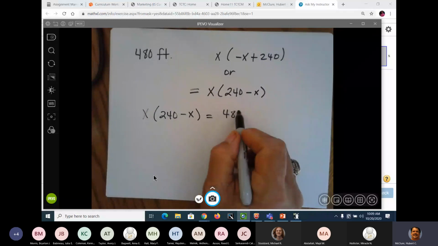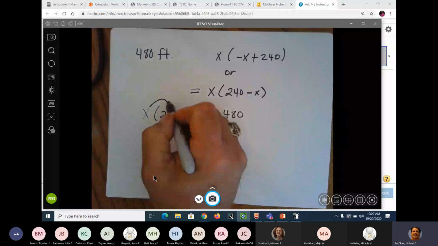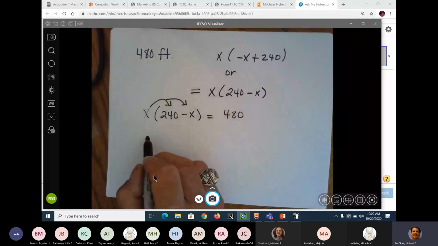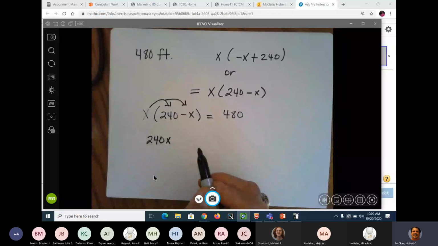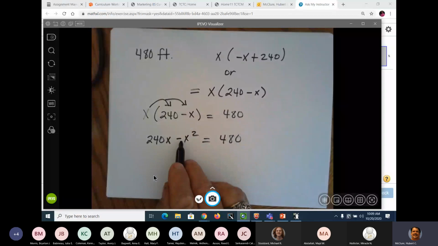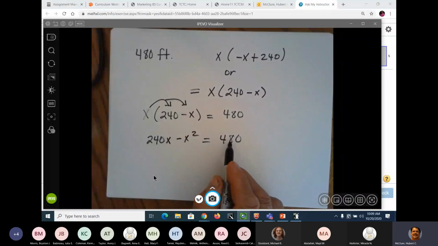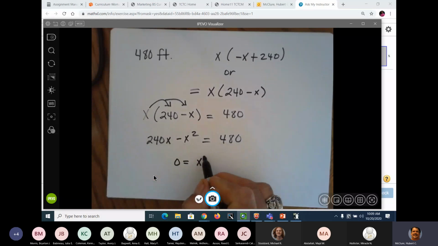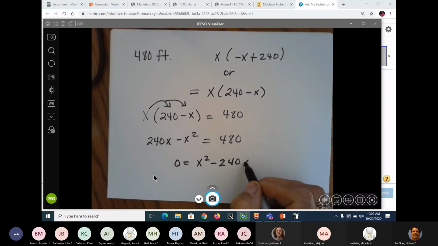Distribute: 240X minus X squared is equal to 480. And I'm going to bring this X squared over here, so that'll be a positive X squared and a minus. So 0 is equal to X squared minus 240X plus 480.